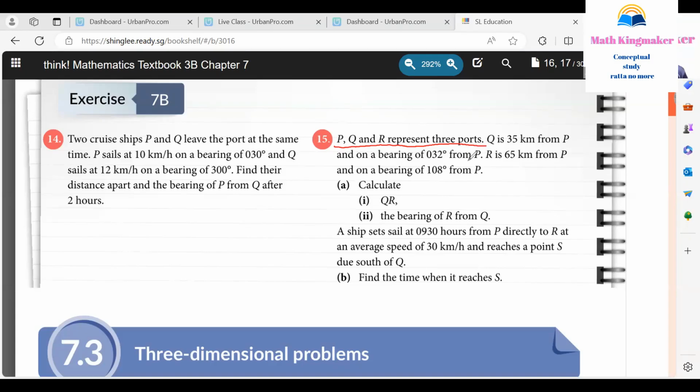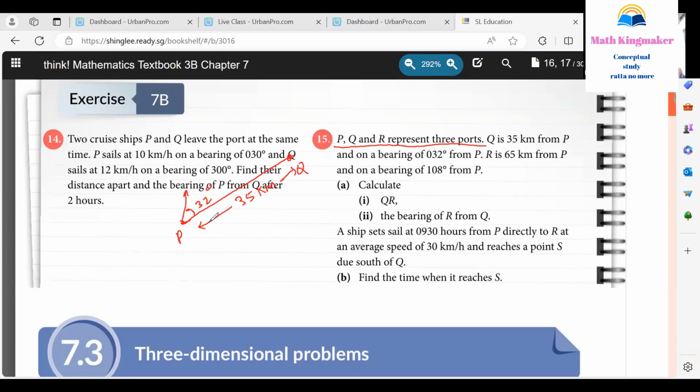The diagram will be like this: Q is 35 kilometers from P. So you take P here, and Q is 35 kilometers from P on a bearing of 32. So you make the 32-degree bearing, and you take Q here. It is 35 kilometers.